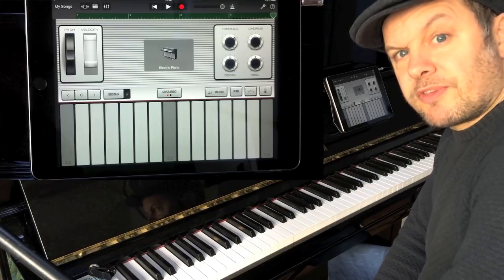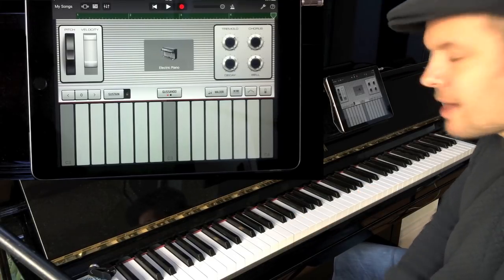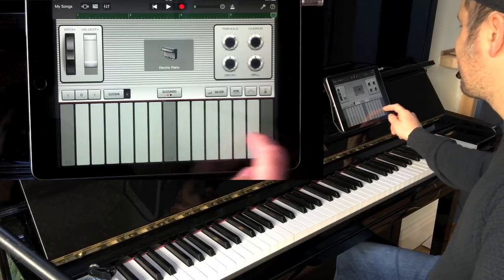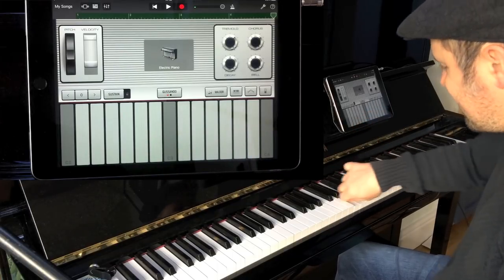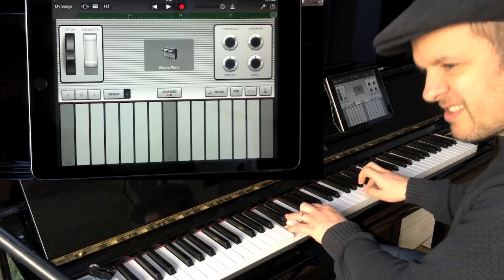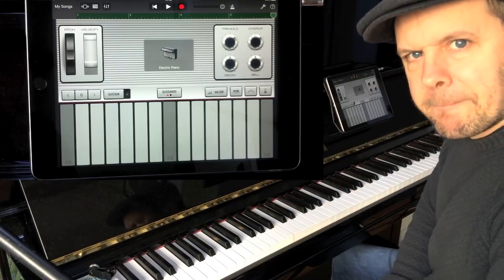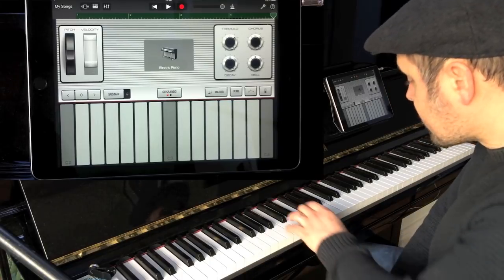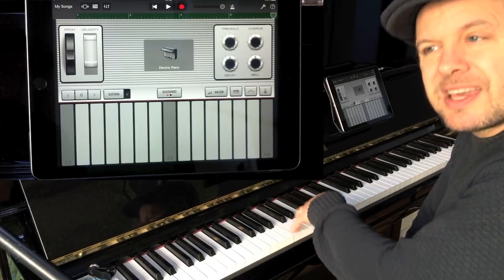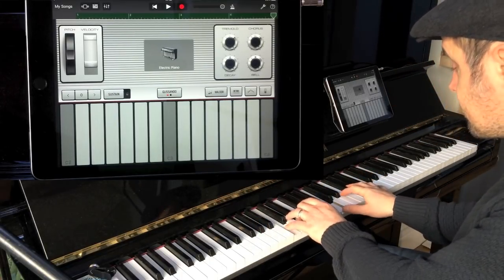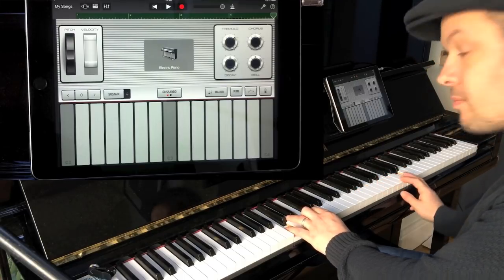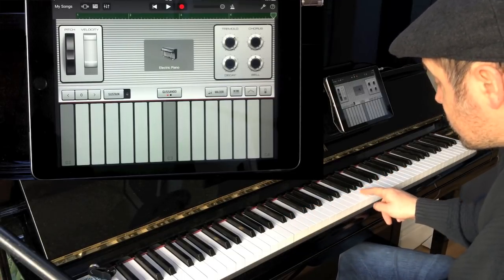Now, the idea with all of these scales is not to just run up and down them. It kind of doesn't work. So maybe try and randomize things, or you could go up by skipping a note.